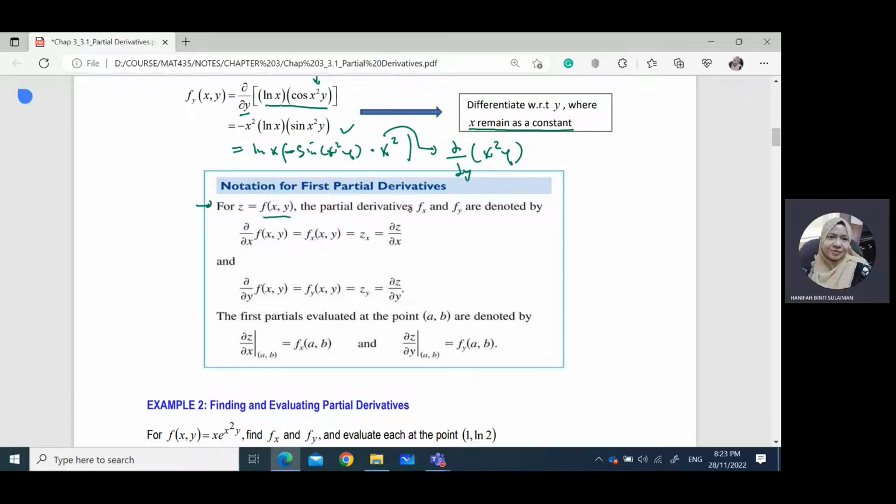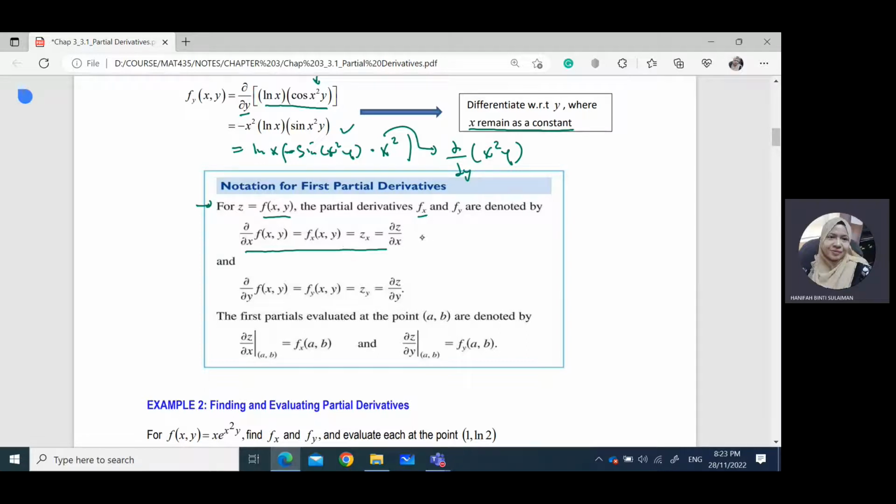The partial derivative with respect to x is denoted as f sub x, and it is also equivalent to f sub x of x and y, z sub x, and del z del x.